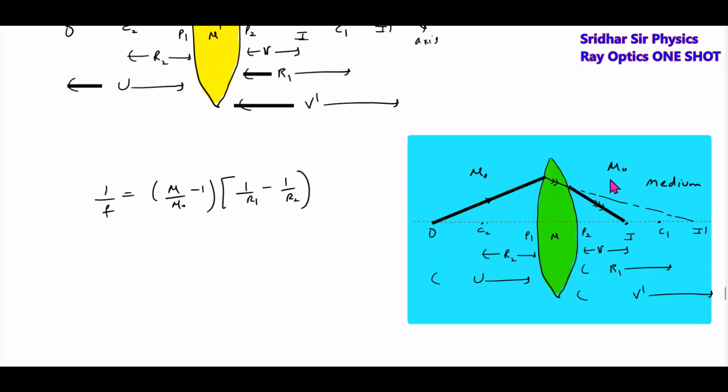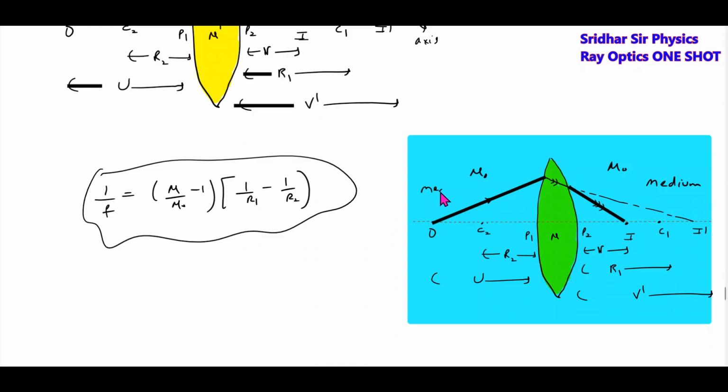Then what is the surrounding medium? Mu naught. Then the same lens maker formula will be modified. The surrounding medium will show in the denominator: 1 by f equals (mu by mu naught minus 1) into (1 by R1 minus 1 by R2). Like this we can calculate the focal length of the lens if it is immersed in some medium. If the surrounding medium is air, mu naught will be 1.